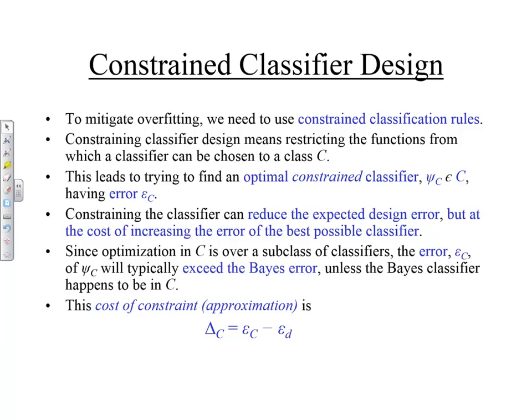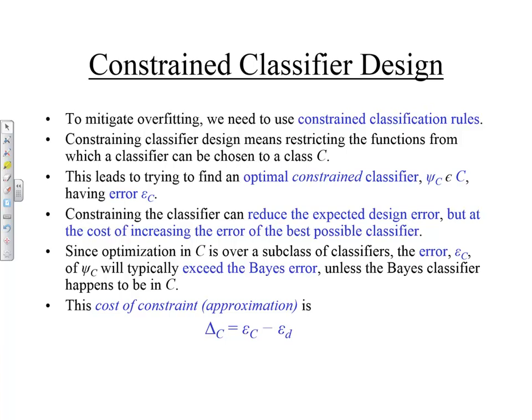So constraining classifier design means restricting the functions from which a classifier can be chosen to some class C. This leads to trying to find an optimal constraint classifier. So now we are going to look for the optimal one over a smaller class. It will make our job easier, but then we have sacrificed some performance because we are not trying to approximate the best possible classifier.